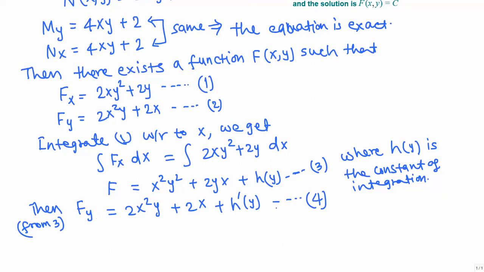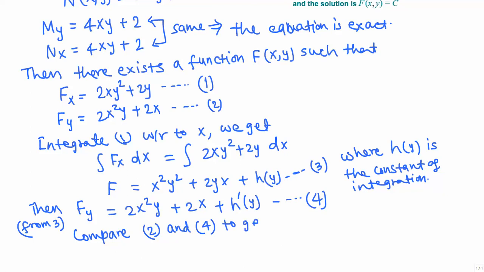In that way we can find the value of h. Our answer is the function f equals c, and f is given in 3, but we need to determine h(y). That was missing. Now compare 2 and 4.